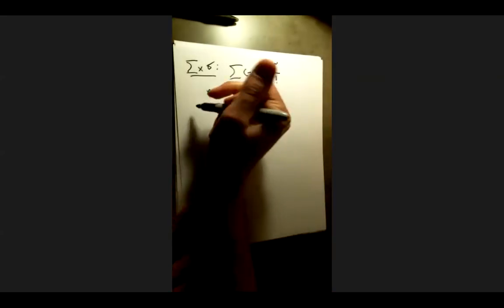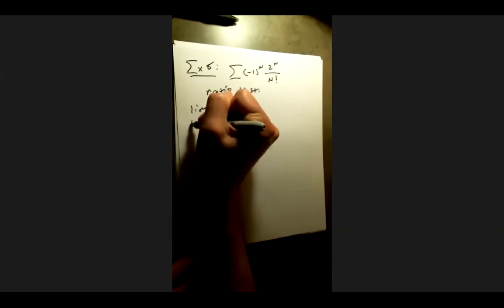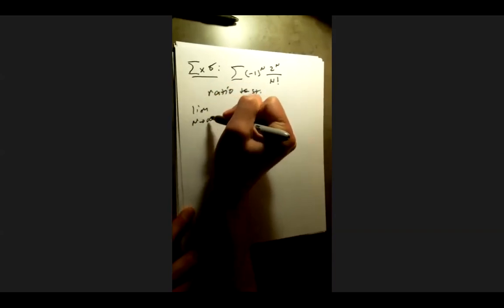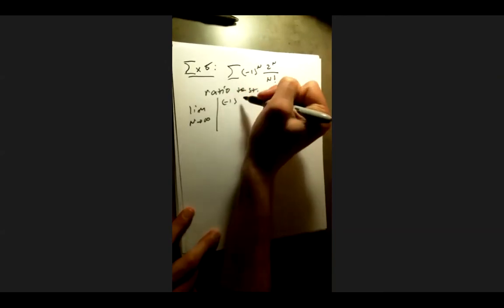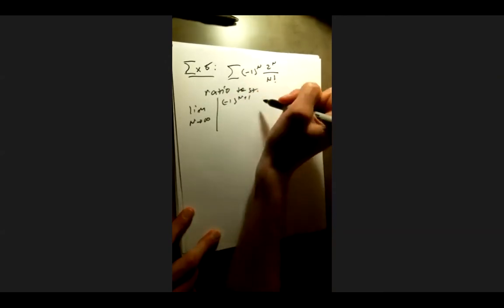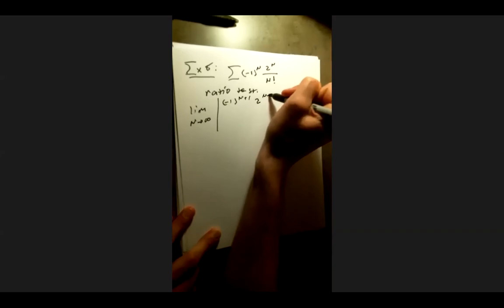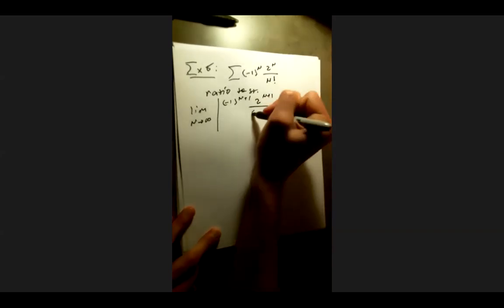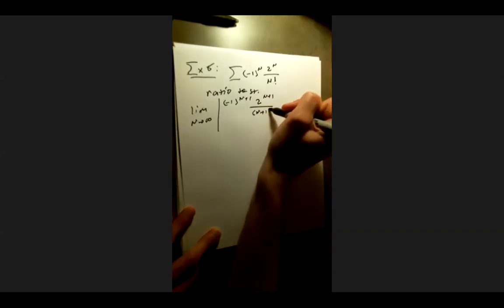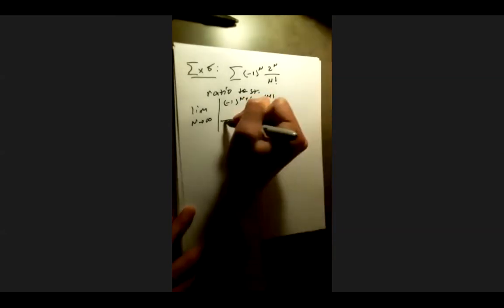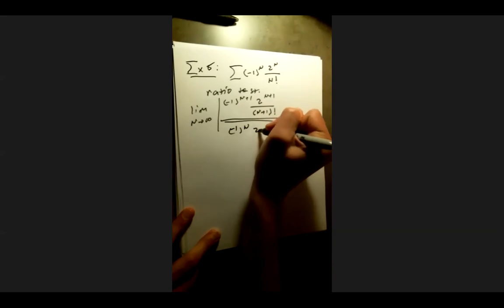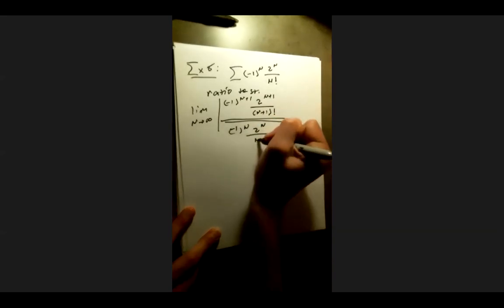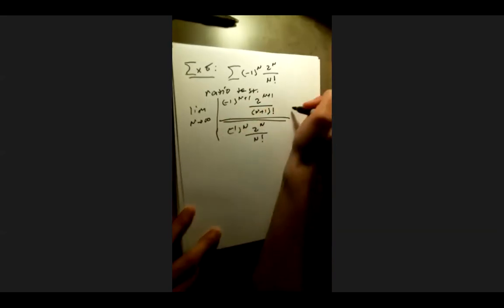So to use the ratio test, we'll look at the limit as n goes to infinity of the absolute value of (-1)^(n+1) times 2^(n+1) over (n+1) factorial, all over (-1)^n times 2^n over n factorial.